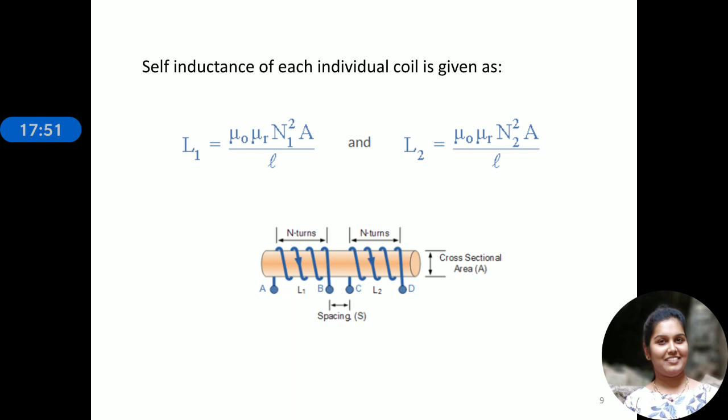The current that is flowing in coil 1, that is L1, sets up a magnetic field around itself with some of these magnetic field lines passing through the coil L2, giving us some mutual inductance. That is, when a current is flowing, L1 develops some self inductance and also it develops some mutual inductance in the coil L2.